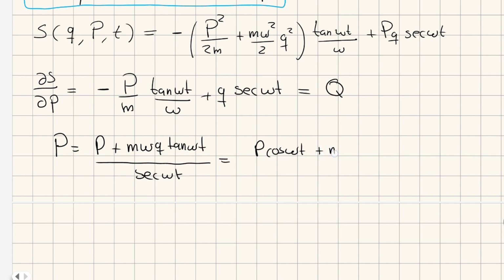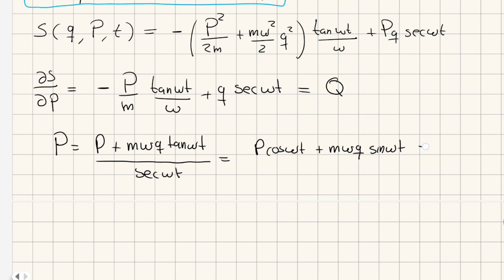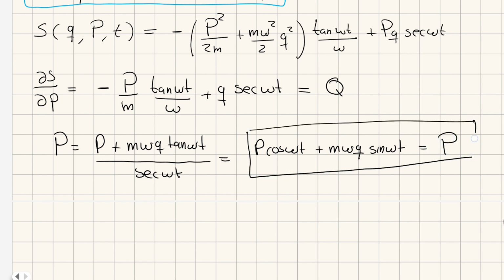And then plus m omega q and tangent divided by secant. Well, we know that this is just the sine omega t. Okay, perfect. So here we have our first important result. This will be like the first part of our transformation.